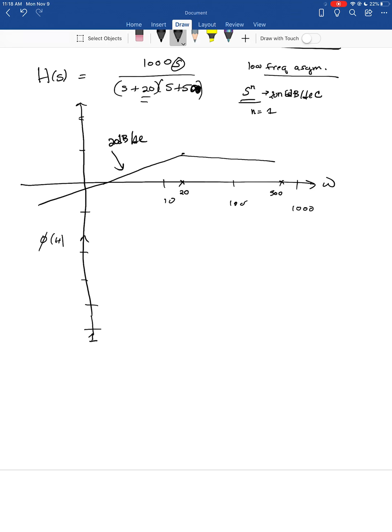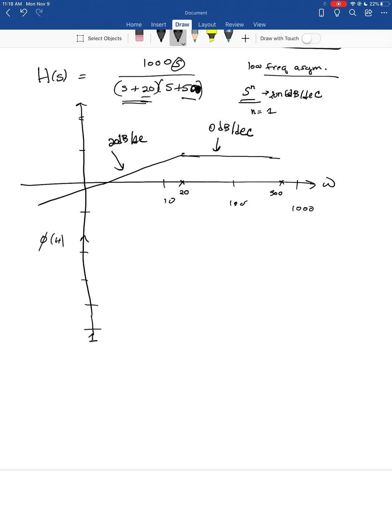Now, as we know, when we encounter our first pole, that has the effect of subtracting 20 dB per decade from the slope. Let me try to flatten that out a little bit better. It's actually pretty hard to draw a straight line on these tablets. So between 20 and 500, I would have had my previous slope, and I would have subtracted 20 dB for this pole, so this will be 0 dB per decade.